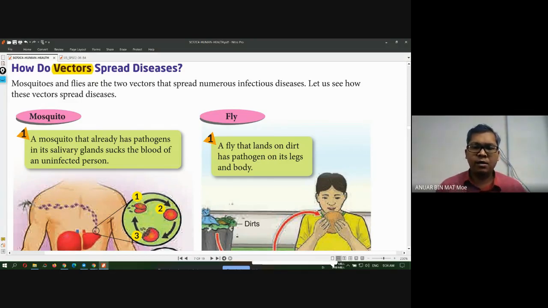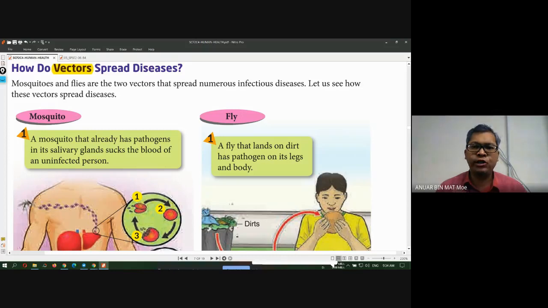Maybe inside the animal itself, the animal does not show any symptom. The animal is not sick or ill, but inside that animal is a very dangerous pathogen that, if it infects a human, will make the human very sick and ill.